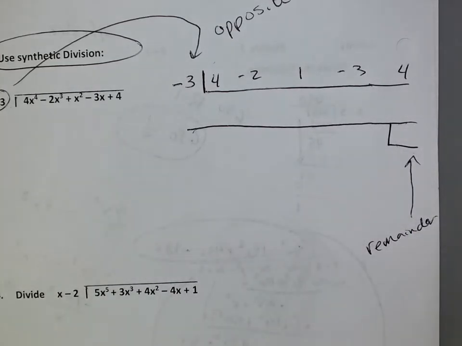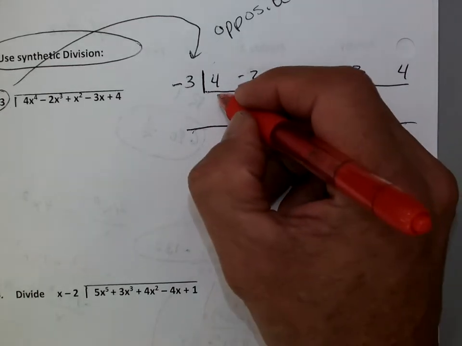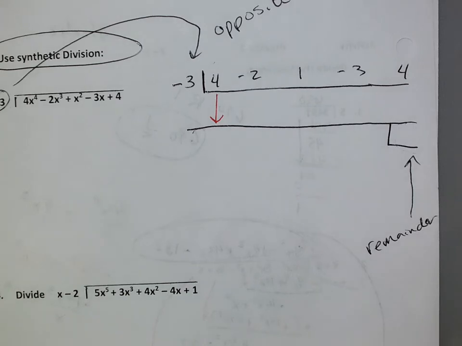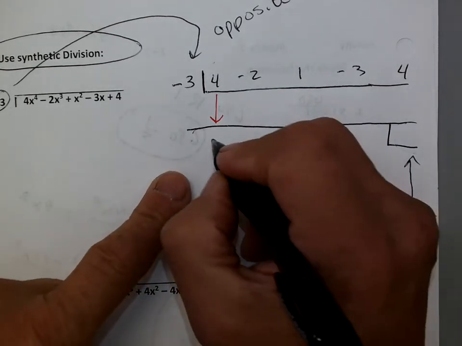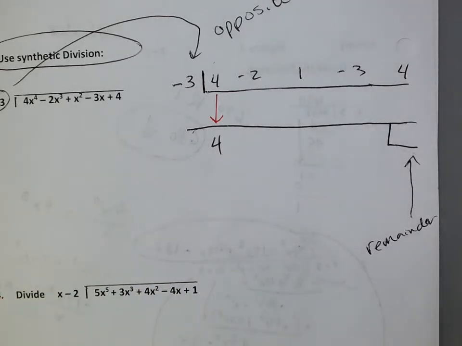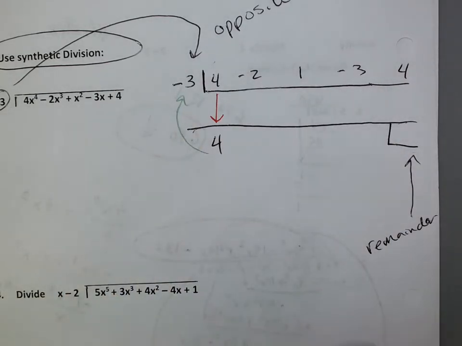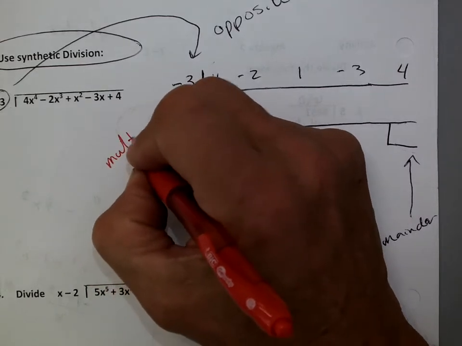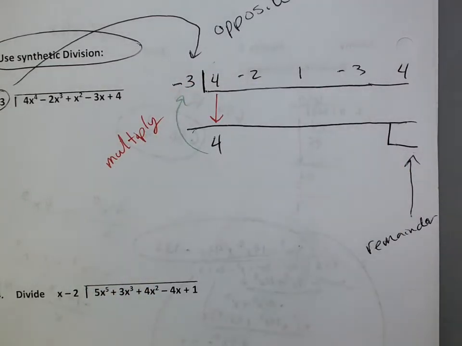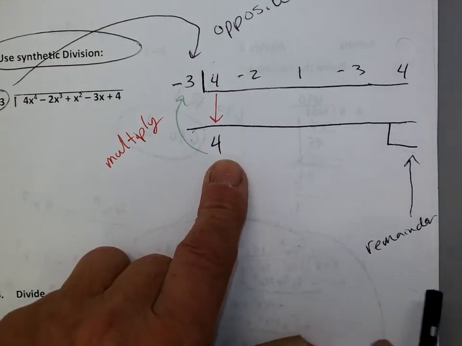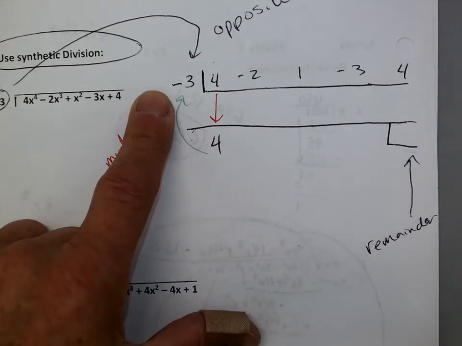Here's how it works. Everybody listening. Step 1, bring the first term straight down. Boom. Just bring the 4 straight down. There it is, 4. Step 2, we're going to multiply. 4 times -3 is -12.